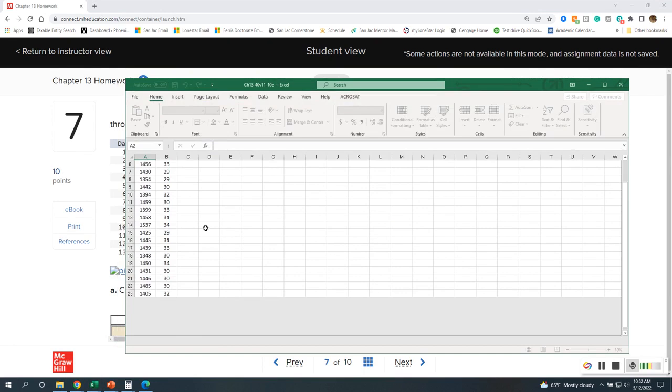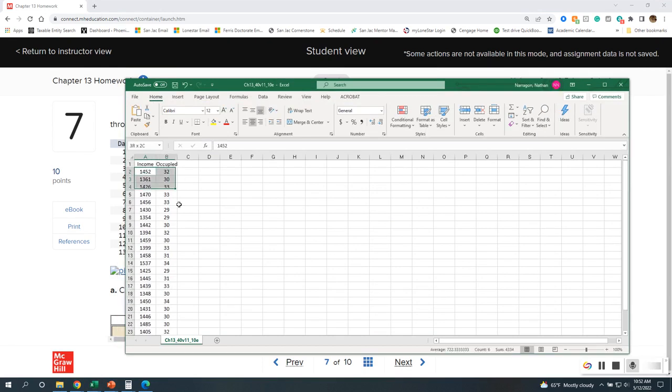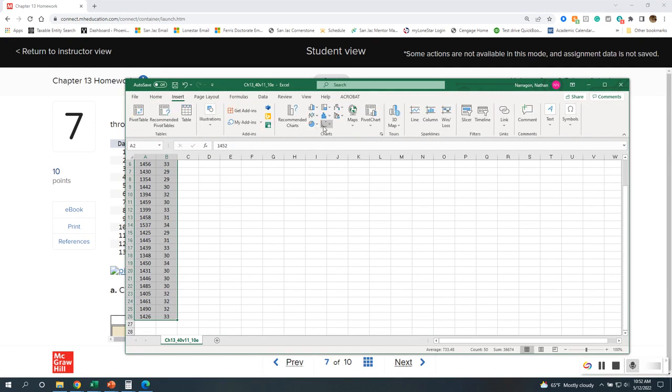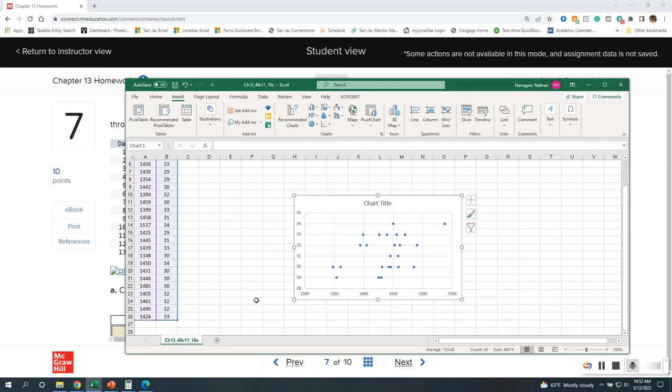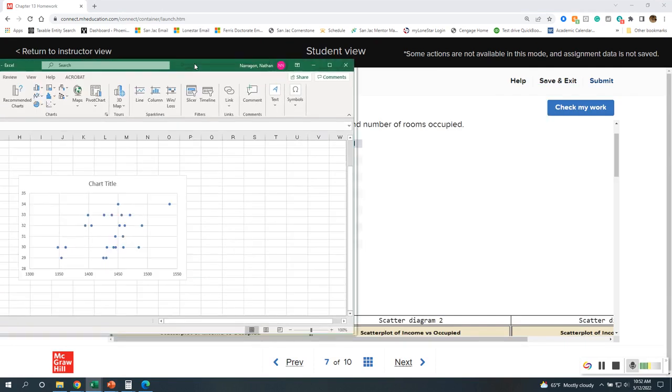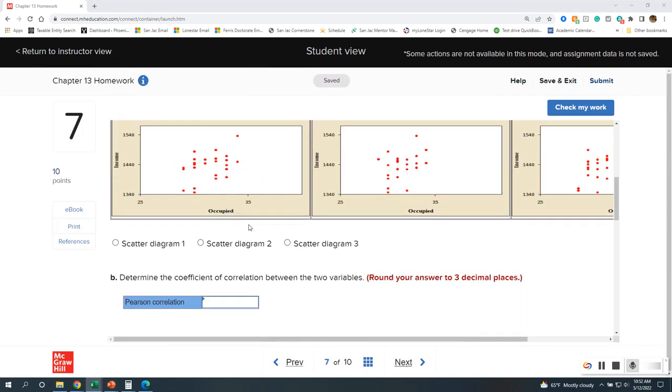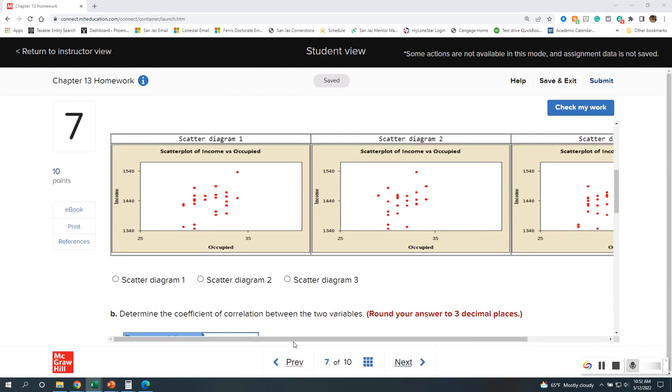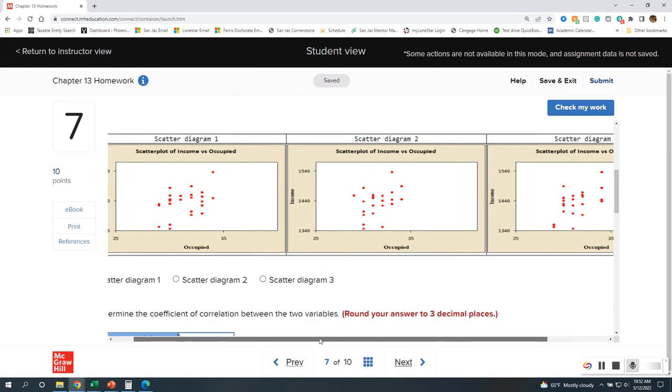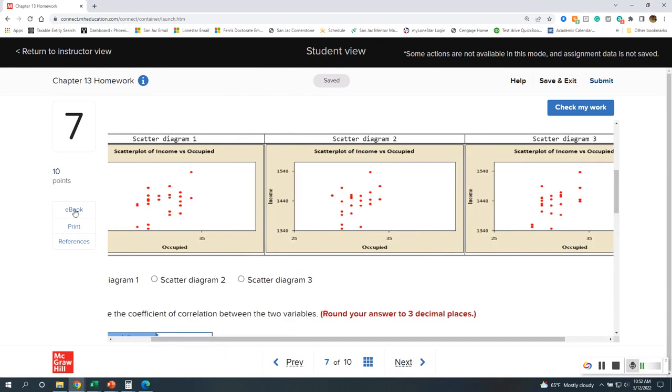Make sure you hit enable editing first. Highlight, insert, and then here with the dots, there's our scatter. Okay. So here, you would try to match which one looks very similar.